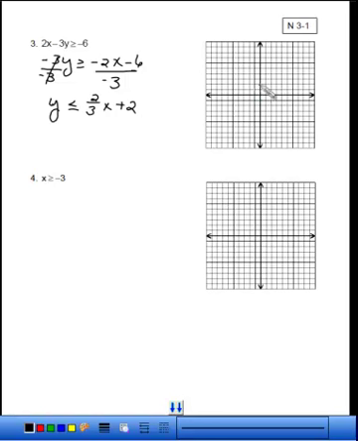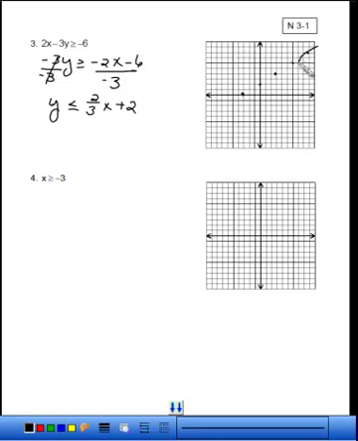So we go to positive 2 and we count a positive 2/3 slope. Up 2 and over 3. Up 2 and over 3. You could go down 2 and left 3. That's negative in both directions. It's a solid line this time because it's less than or equal to.